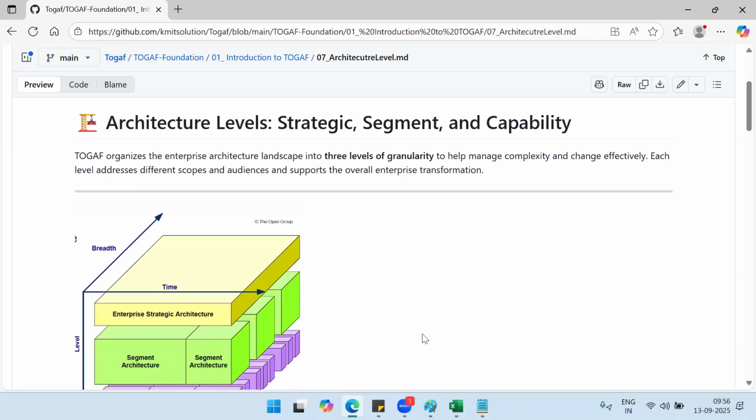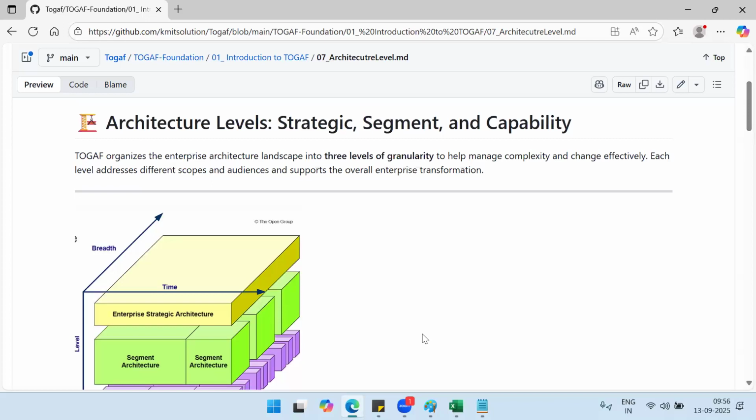So the strategic architecture purpose is high level direction and vision for the entire enterprise. It defines the long-term objective, guiding principles, key business principles. So that is what we are defining in the strategy. So we are defining the scope, we are defining who will be involved. See, these are the audience, right?